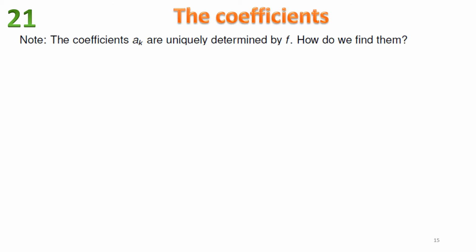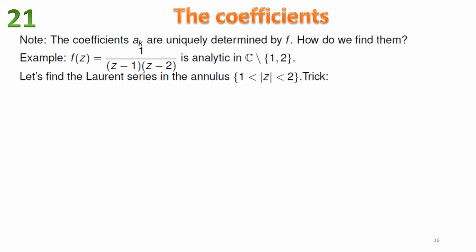So here the coefficients a_k are uniquely determined by the function f, but the question is, how do we find them? Let's work through the problem that we started with. f of z is equal to 1 upon (z minus 1) into (z minus 2).